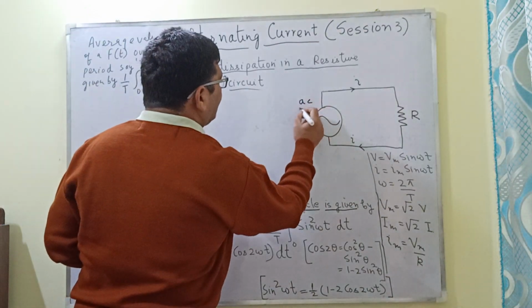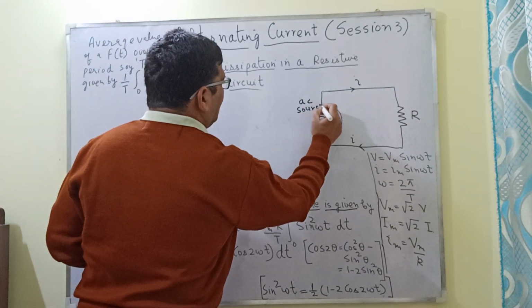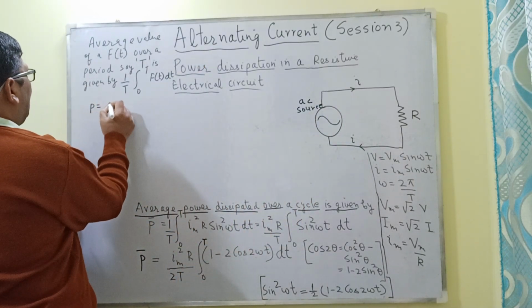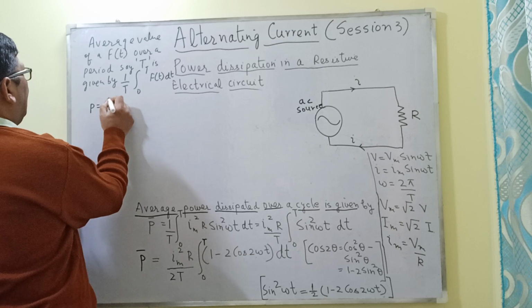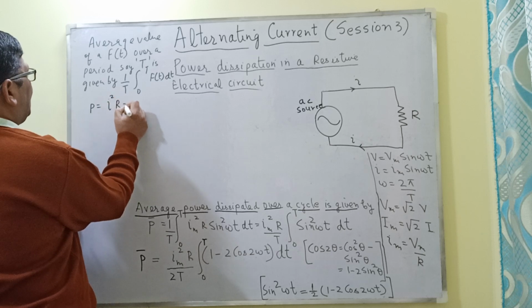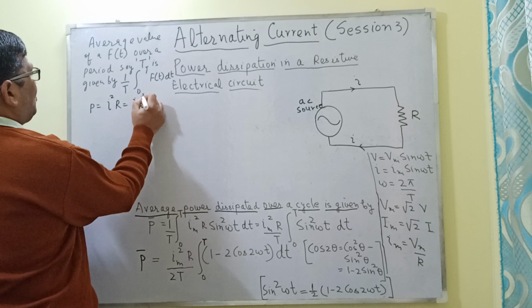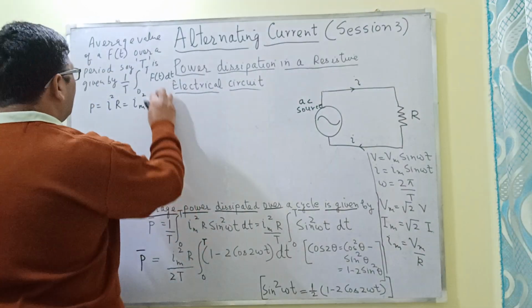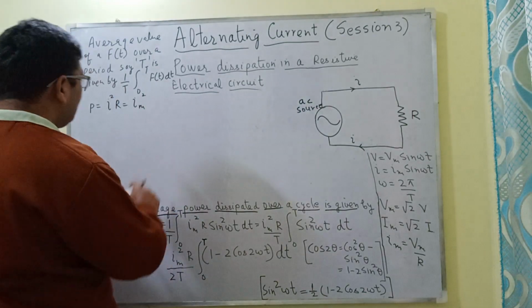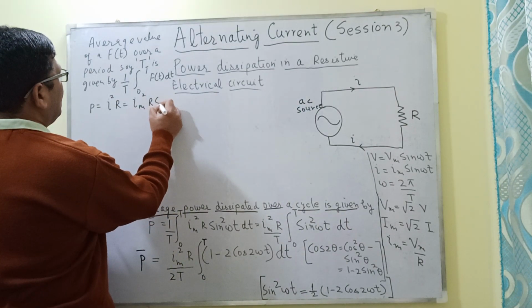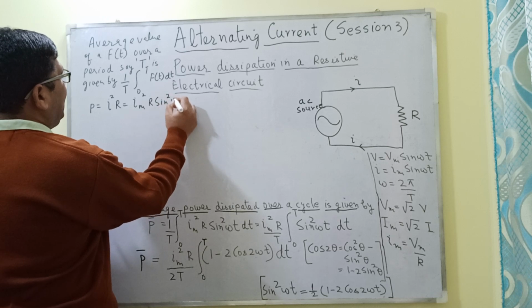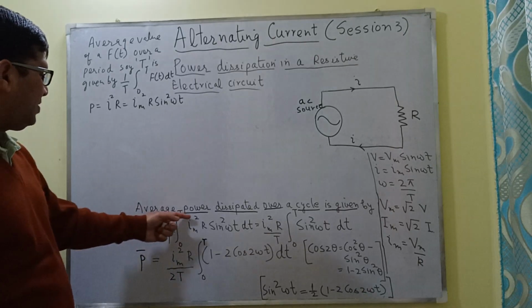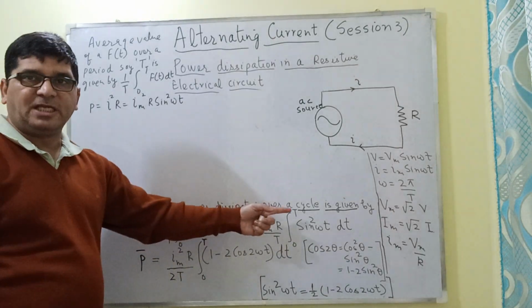Now the instantaneous power P was equal to I square R, and this was equal to Im square R sin square omega t. And now I will be solving this equation in order to find the average power which is dissipated over a cycle.